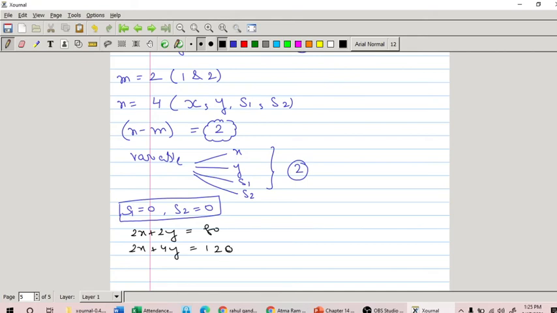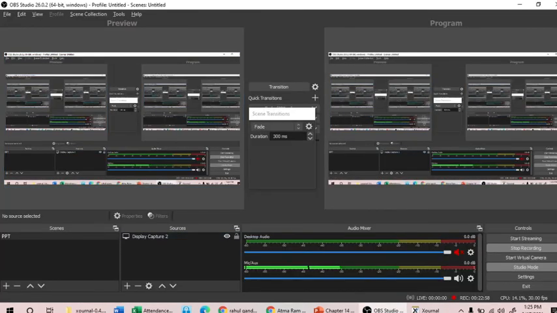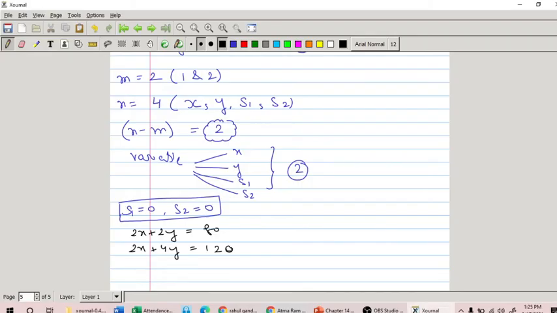Now putting these 2 slack variables as 0, we have these 2 equations, and when we solve them, we found that x is equal to 20 and y is equal to 20. So we have these 2 values from the equations.